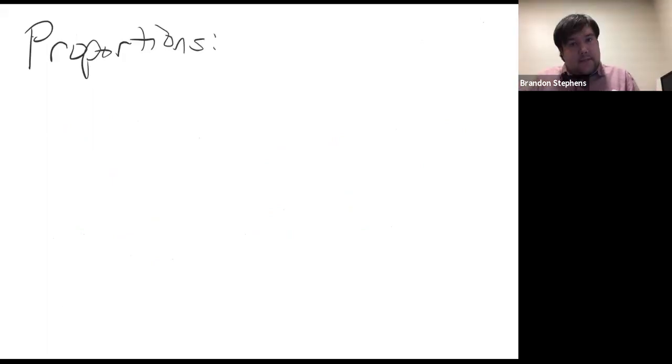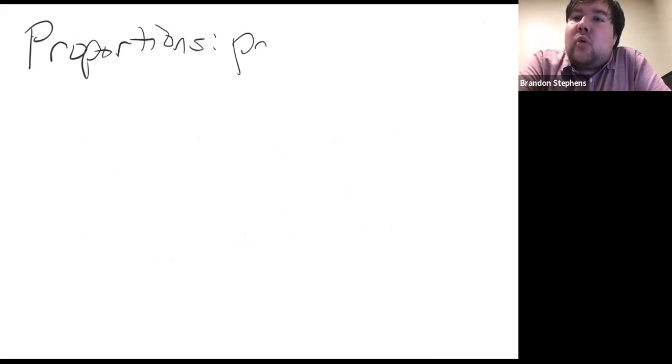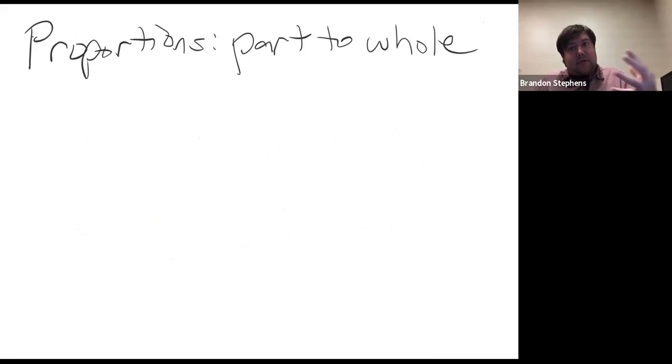So proportions are equivalencies where they are typically similar units, but you have more of that part to whole perspective there. Rather than just having the 2 parts, we're saying, here's the part, how does it compare to the overall picture?